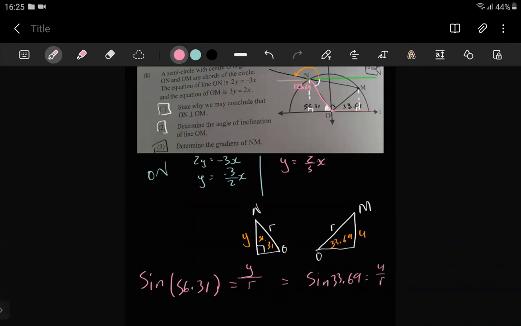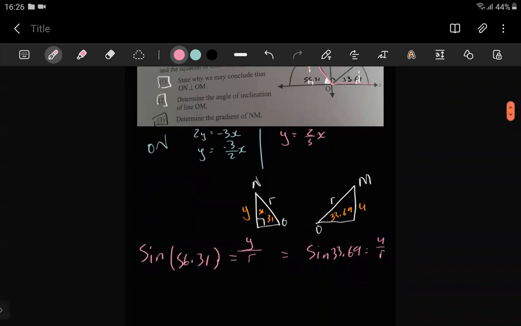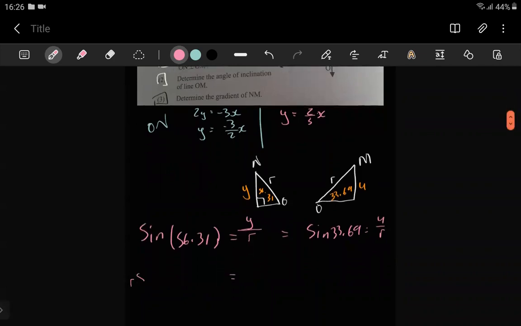If we isolate y, we have y equals r sine 56.31, and for the other equation, r sine 33.69 equals u.